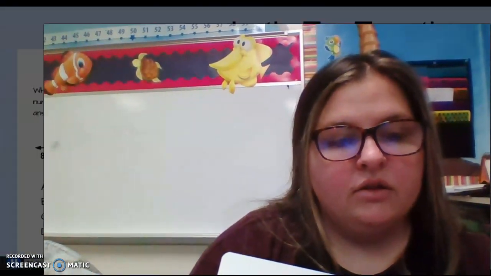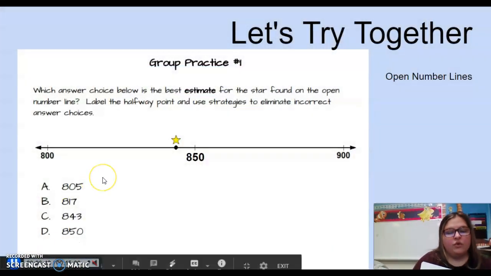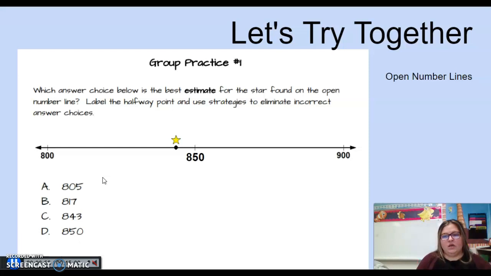And then we're trying to figure out where that star is, or what number that star is. So we're going to go ahead and write our star on this paper. And we're going to go through each of these answer choices. So if I look at answer choice A, it says 805. Okay, so 805 is not very much bigger than 800.